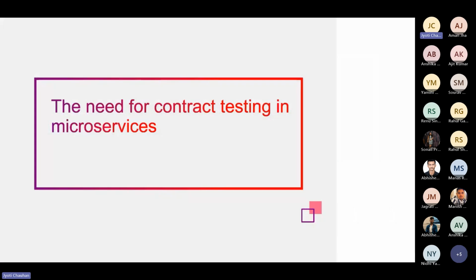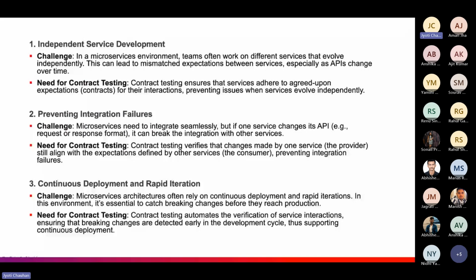The need for contract testing in microservices. So here are certain points. Independent service development. So we need contract testing for independent service development. The challenge is that generally in a microservices environment, teams often work on different services that evolve independently, which can lead to mismatched expectations between services, especially when APIs change over time.